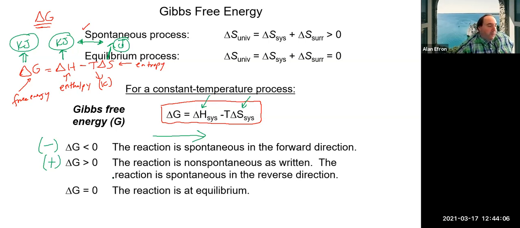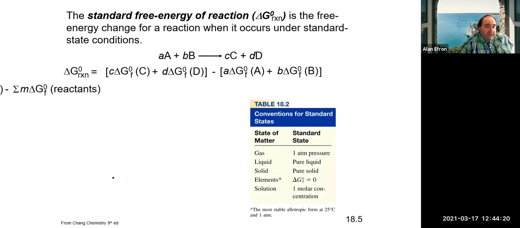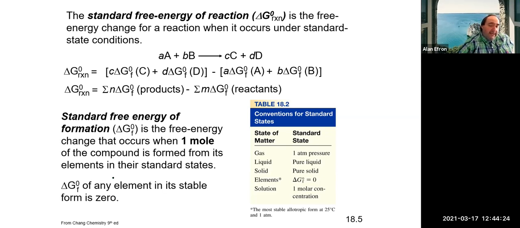So this is one way that you could calculate delta G. Again, we would do this if we were given, perhaps in the problem, the delta H and delta S values. Another common way that we could calculate delta G is kind of like how we calculate delta H and delta S: go to a table and do products minus reactants.